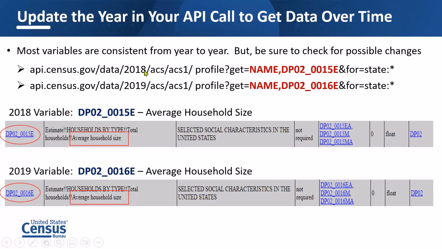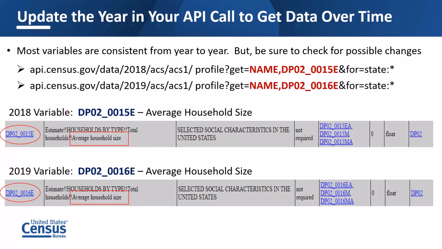But this one's 2018 and this one's 2019. In 2018, the average household size was DP02_0015E. In 2019, the average household size changed to DP02_0016E.